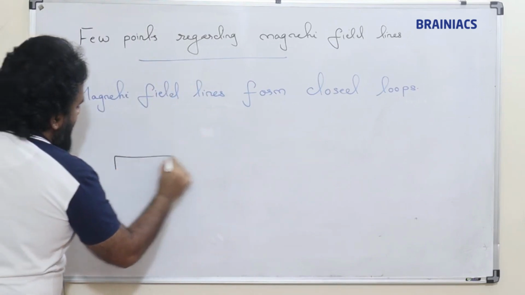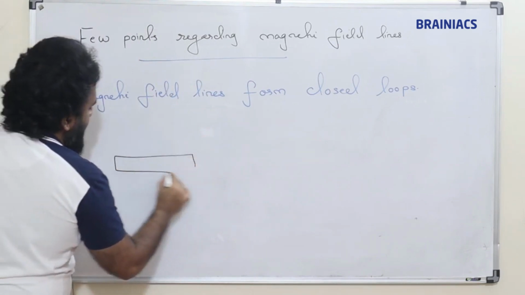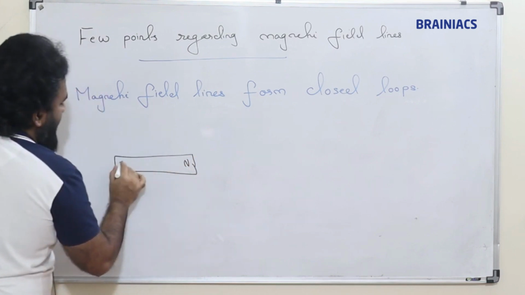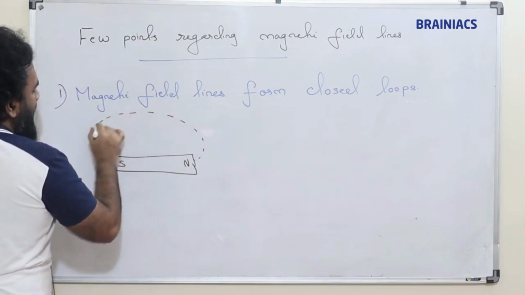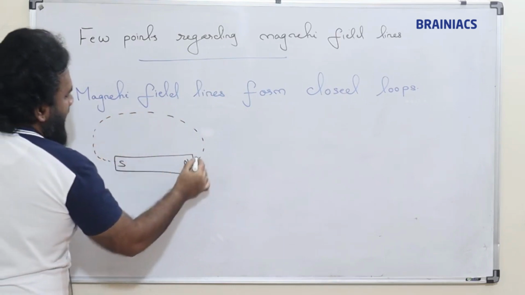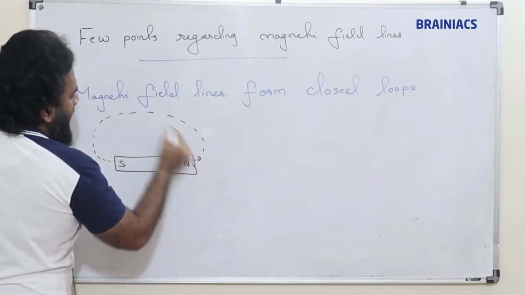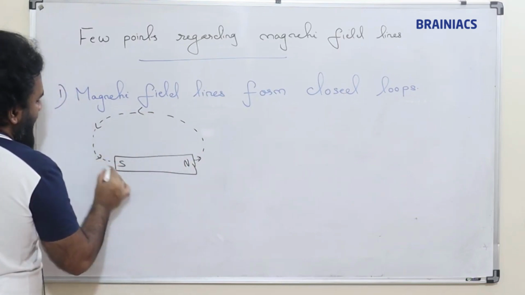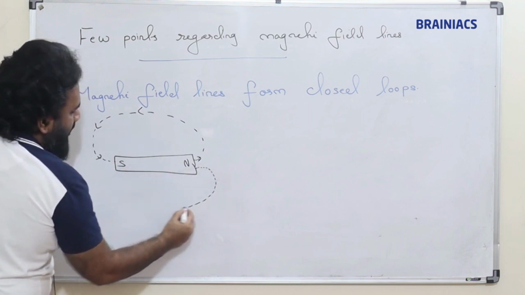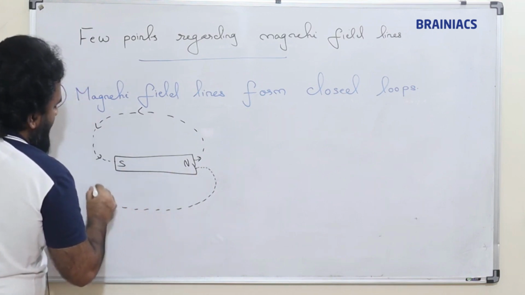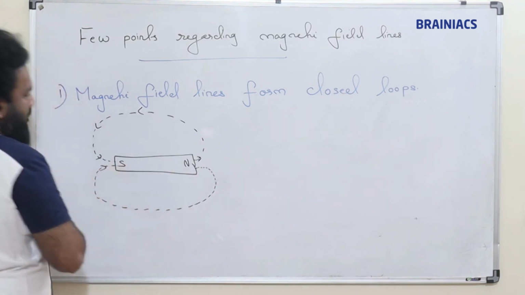See, if this is north and this is south, we know that from north the field lines will emerge and join at the south. Again here it will emerge from north and move to south.